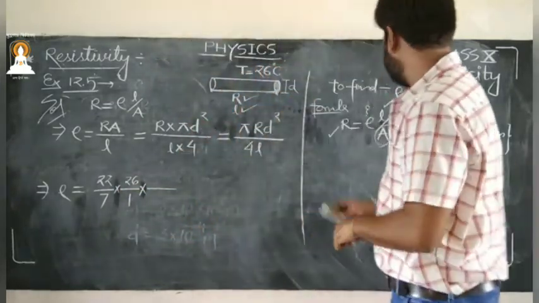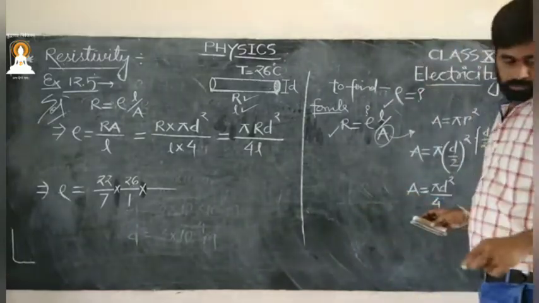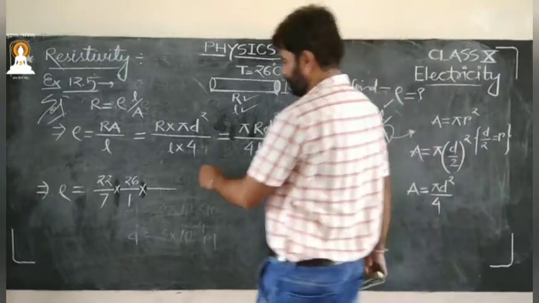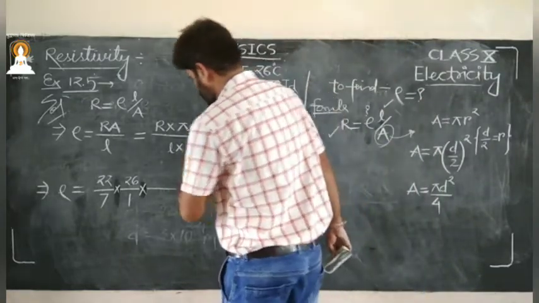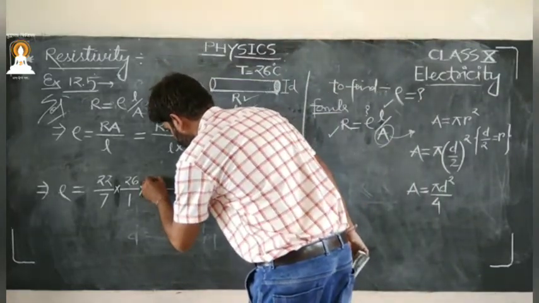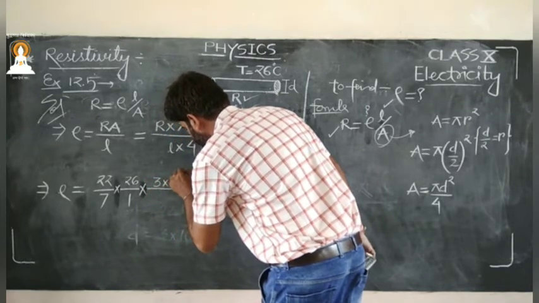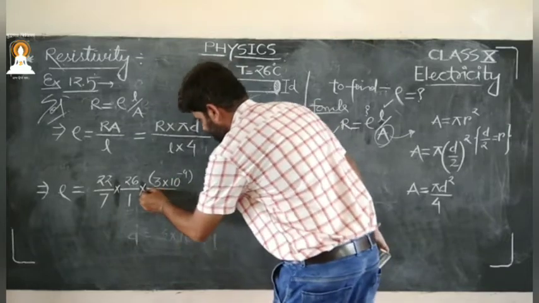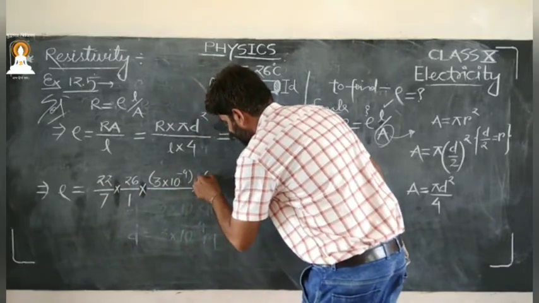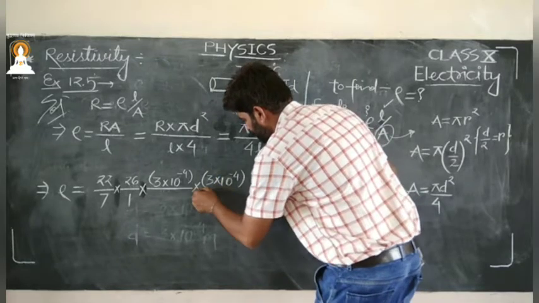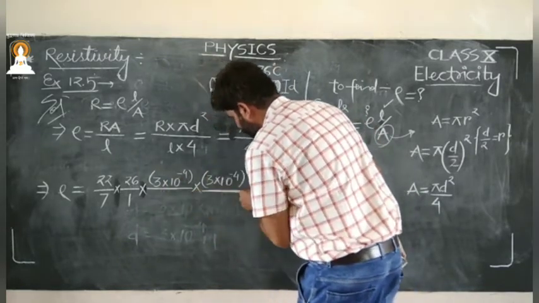We have calculated d as 3 into 10 to the power minus 4. So d square is 3 into 10 to the power minus 4 into 3 into 10 to the power minus 4, divided by 4L.